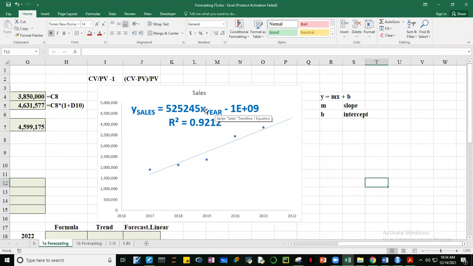Unang-una guys, walang practical meaning kasi hindi naman pwede magka-negative na sales, di ba? Secondly guys, practically wala ring X year 0 sa case natin. In fact, nagsimula yung data natin from 2017 hanggang 2021. So X year 0 does not mean anything as far as our data is concerned. Nevertheless, guys, yung -1 na yan is used in order to predict sales.